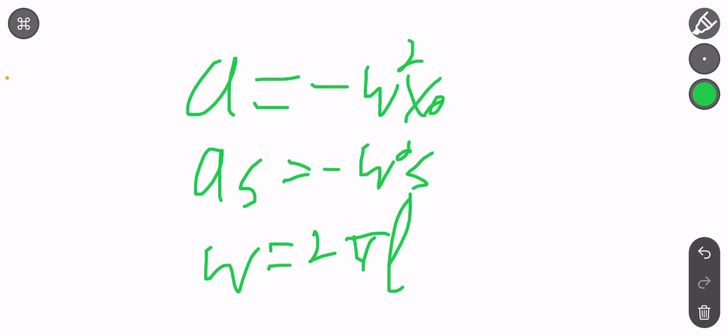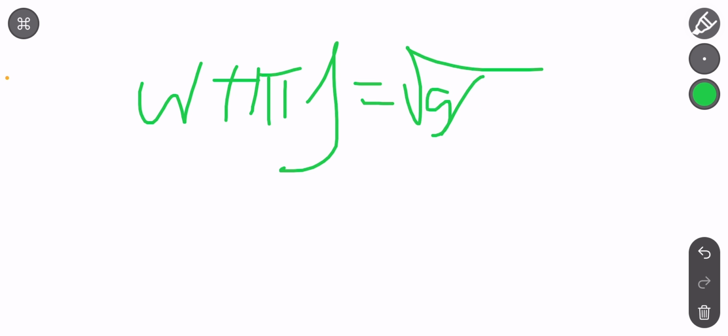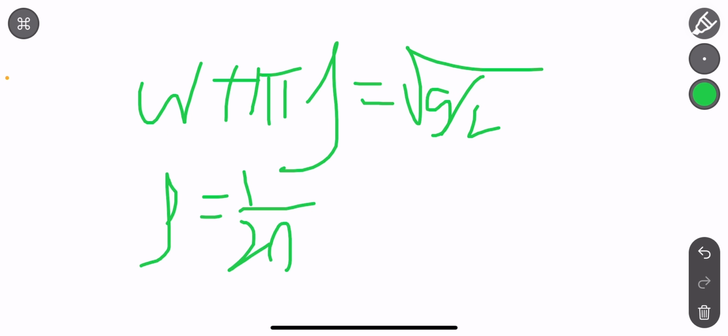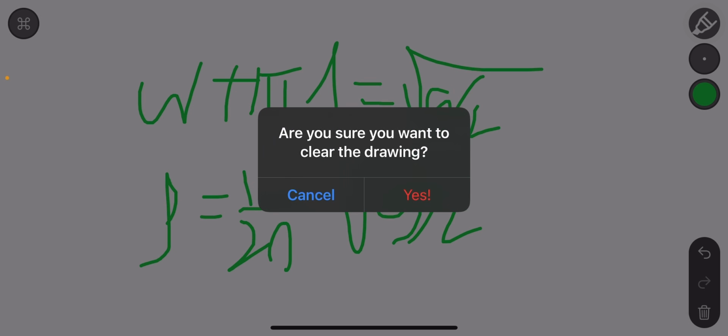That's our next part. We're going to continue writing. And we have now the omega squared, this equals to this, right? Now we're going to be left alone with this eventually. f equals 1 over 2 pi times the square root of g over L. After we have the g over L, we can plug in the numbers.